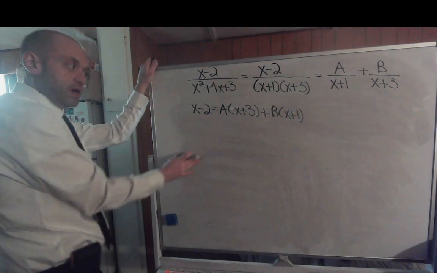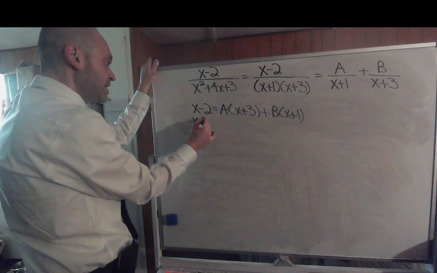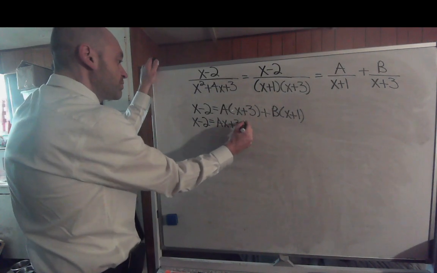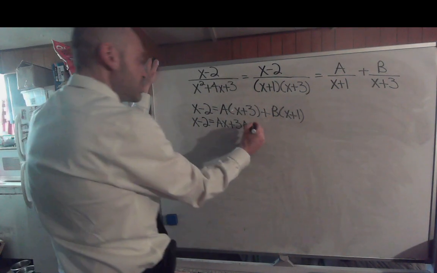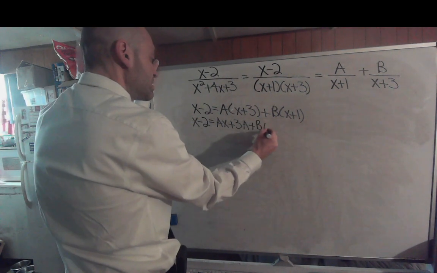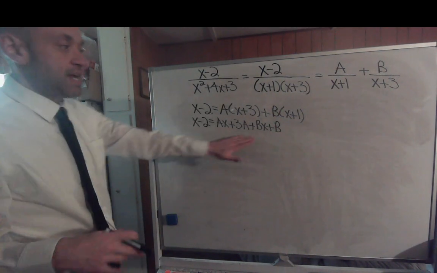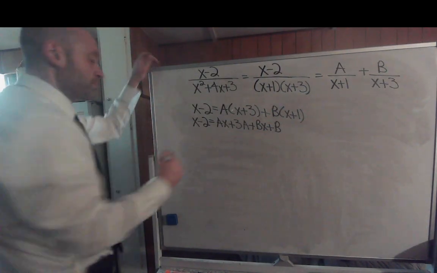Now we'll go ahead and distribute. You'll have x minus 2 equals Ax plus 3A plus Bx plus B. Now let's get our x terms together.